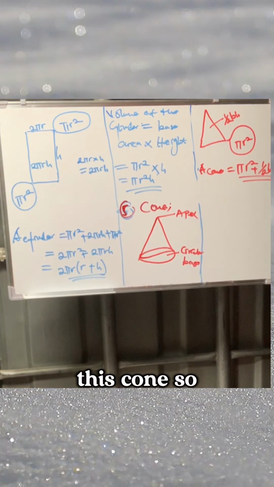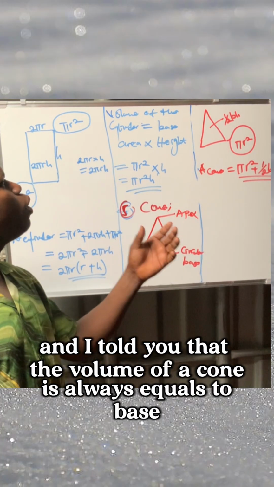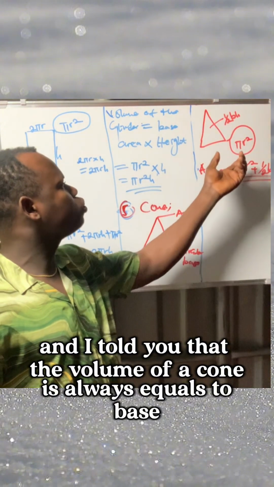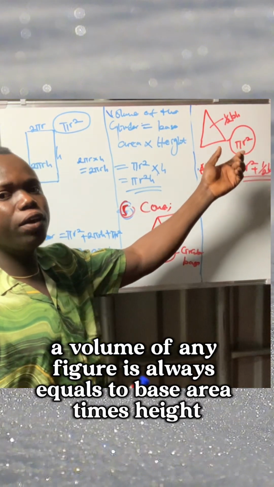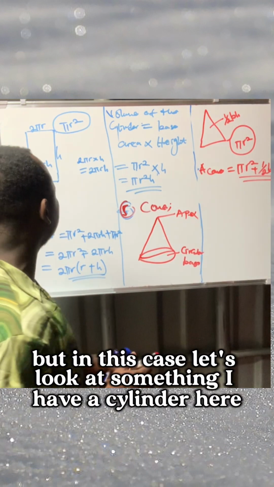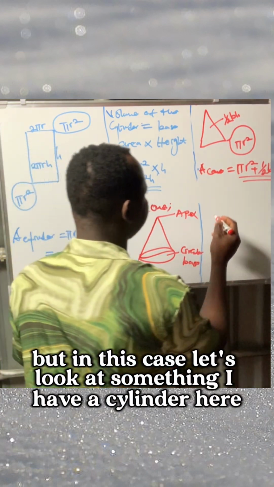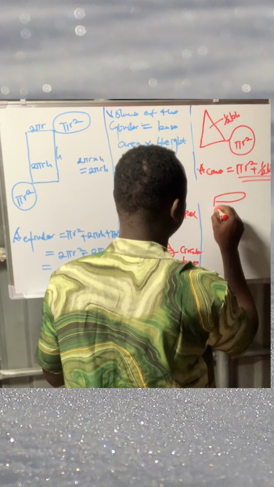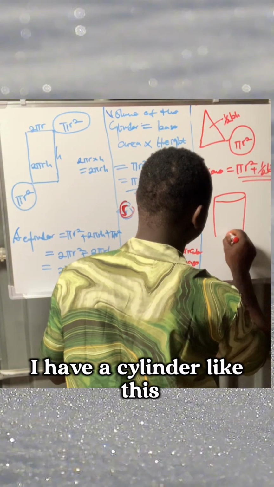I told you that the volume of any figure is always equal to base area times height. But in this case, let's look at something. I have a cylinder like this.